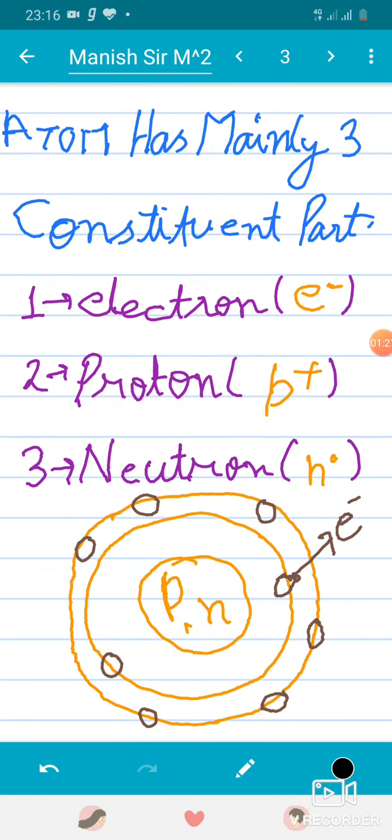So, let us see that an atom has mainly three constituent parts. First are the electrons, another is the proton, and the third one is the neutron.